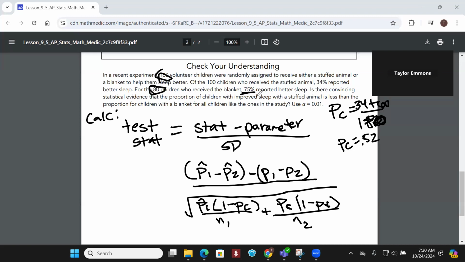75% of 80 children. So 80 times 0.75. Okay, so now you're going to plug in.